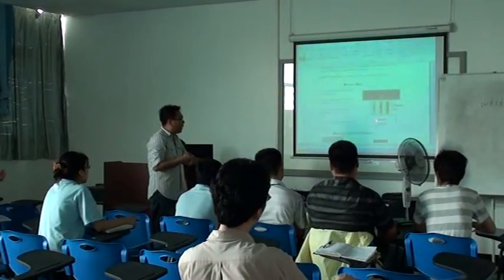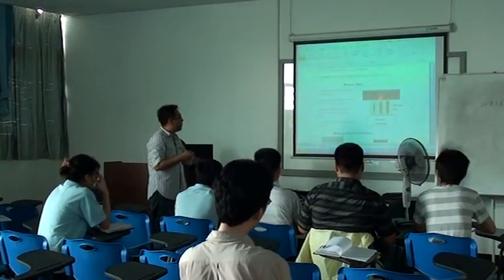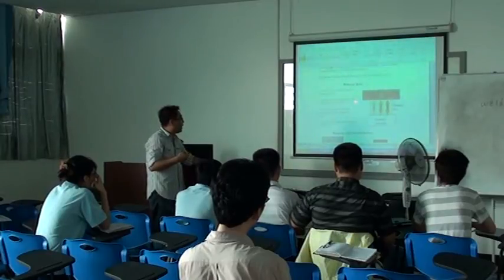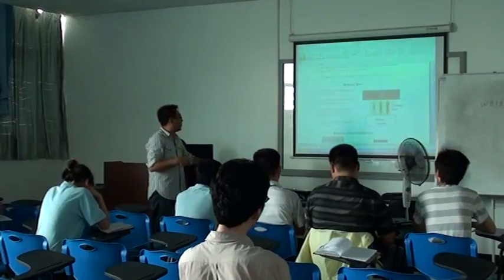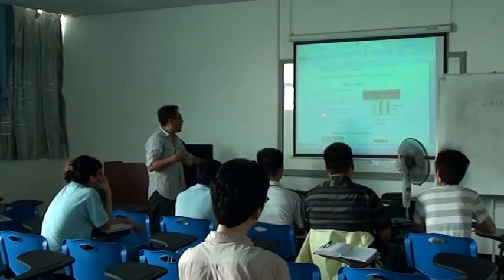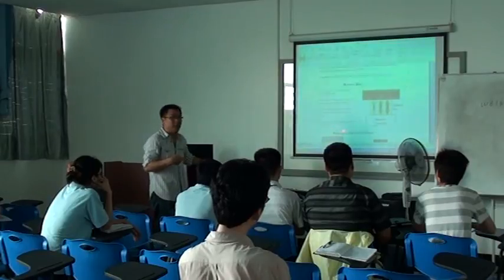So it includes address, control, and data. Right here, the memory bus includes address lines, control signals, and data lines. Address lines are used to identify a specific memory cell where data is stored. Control signals manage the timing and the flow of data.